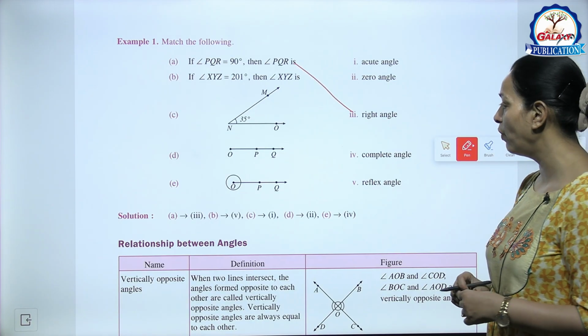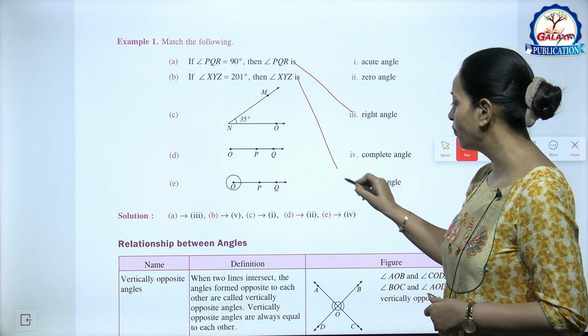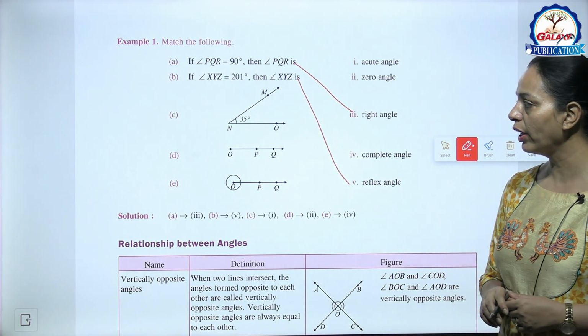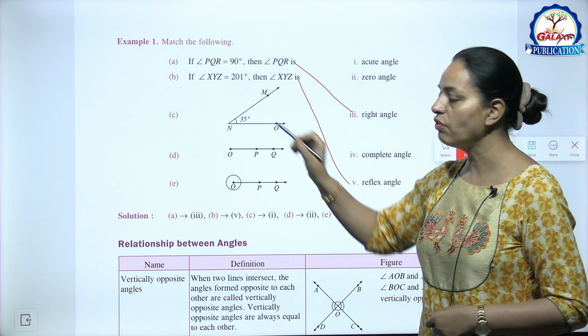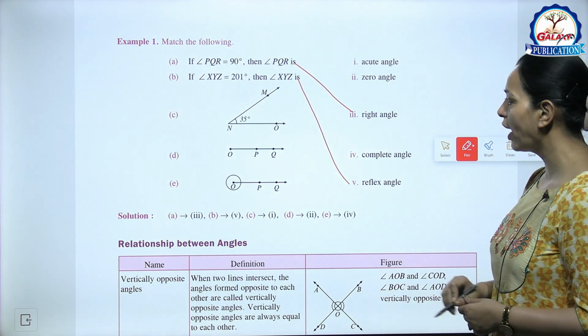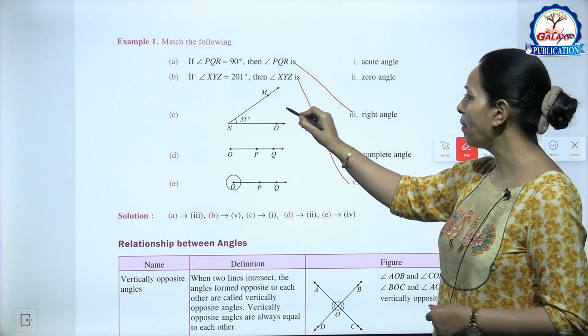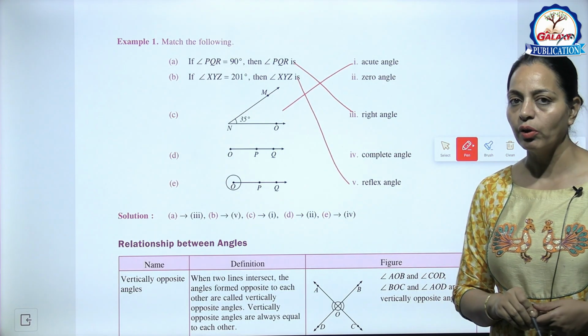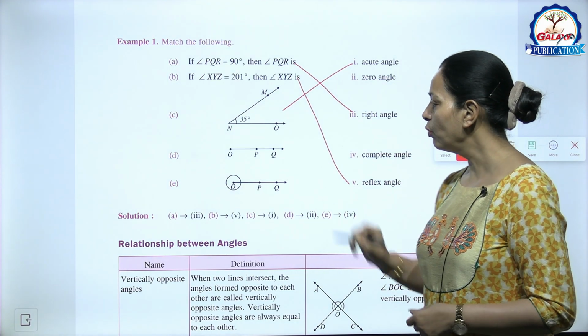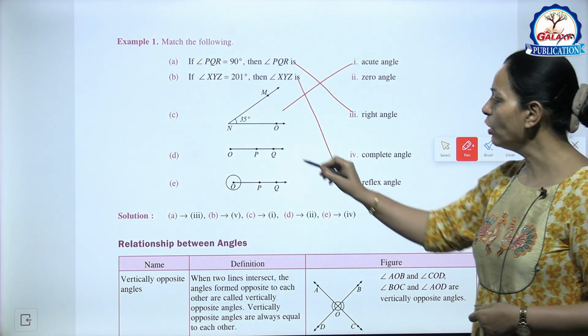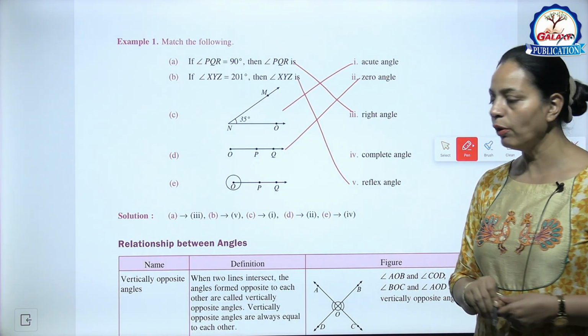So this is a reflex angle. So this is with the fifth one. Now C part: here this angle MNO is 35 degree, this is an acute angle, so match the C part with the first one. Now D part: here this one is which angle? This is a zero angle, so match with the second one.